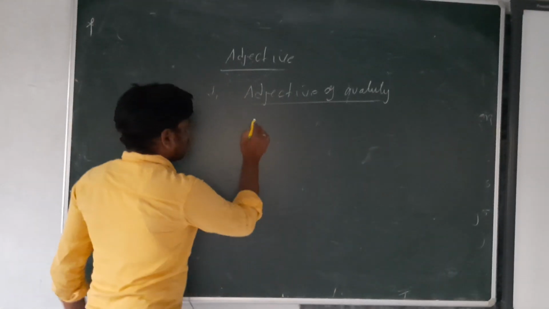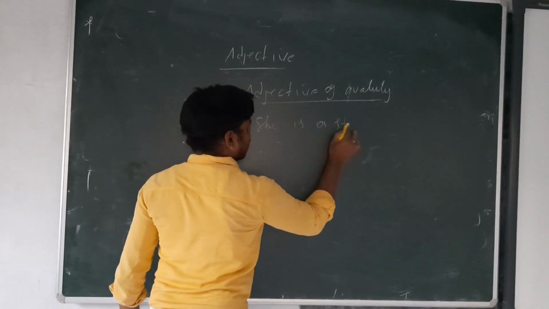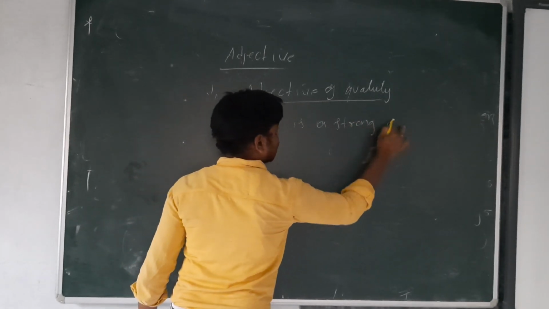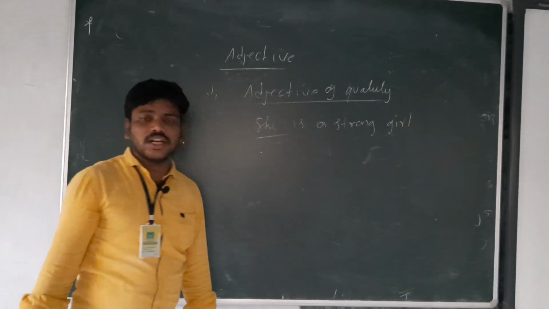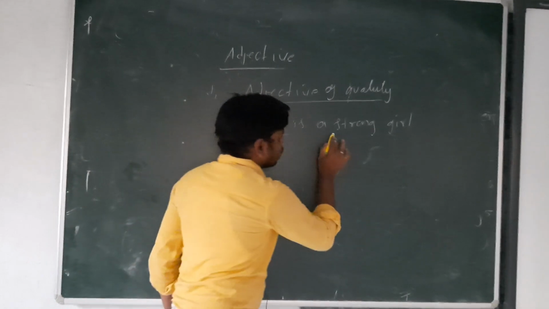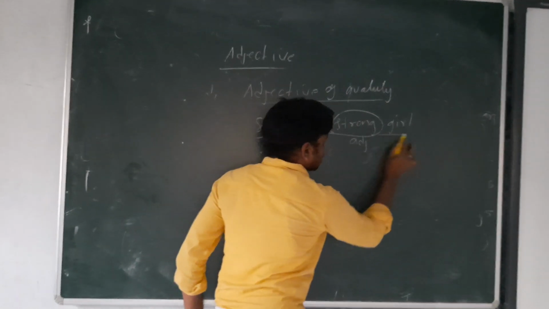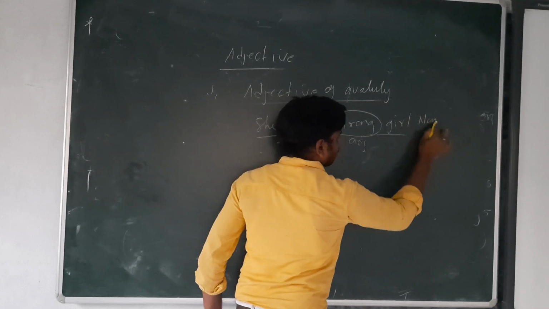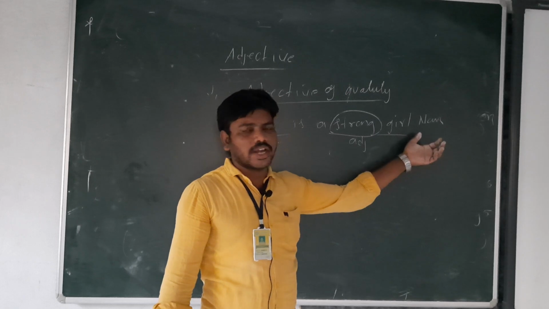For example, she is a strong girl. What kind of a girl? A strong girl. So strong is called adjective. Girl is a noun. And what kind of a noun is it?